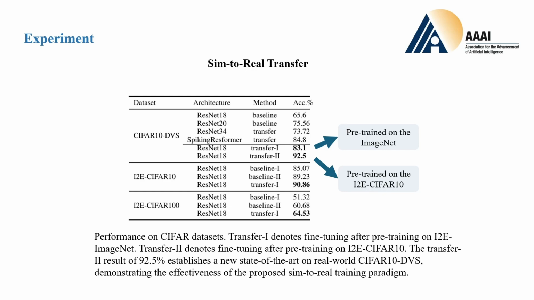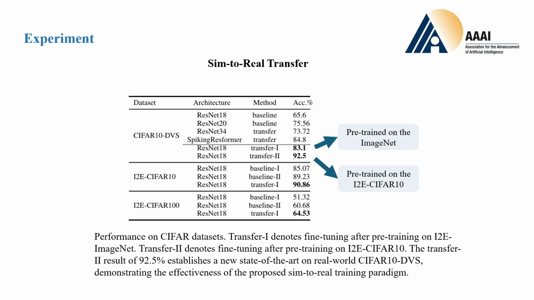A crucial contribution of this work is the validation of the sim-to-real transfer paradigm. A central challenge in the field is determining whether synthetic data can successfully train models for real-world sensors. We address this through a detailed transfer learning experiment. We trained a model on our synthetic I2E data and fine-tuned it on the real-world DVS-CIFAR10 dataset. The outcome was highly successful.